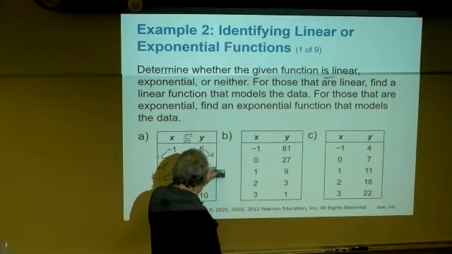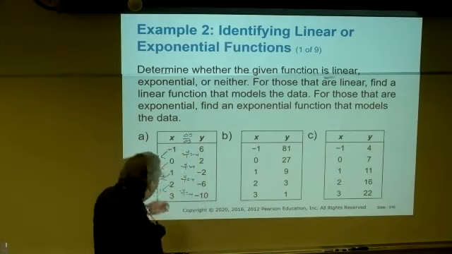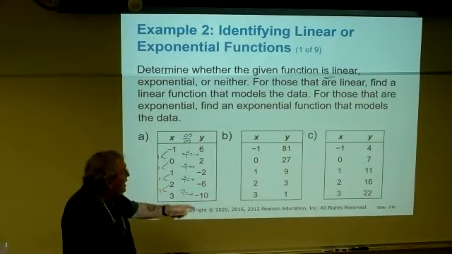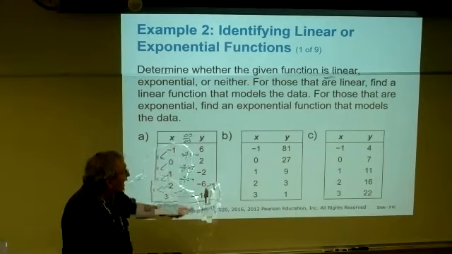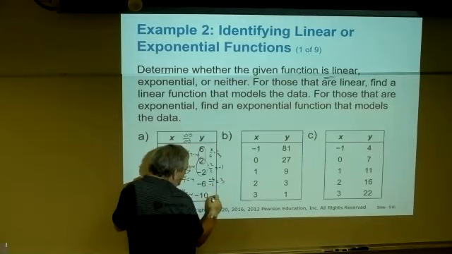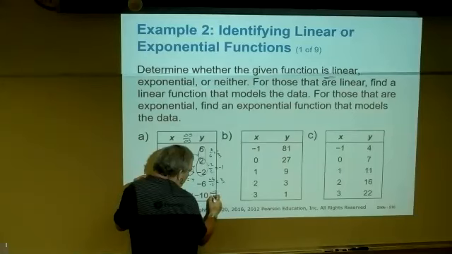If my average rates of change are all the same, then it's going to be linear. But I want to look at my ratios: -6 over -2, which is a +3, and -10 over -6, which is +5/3.